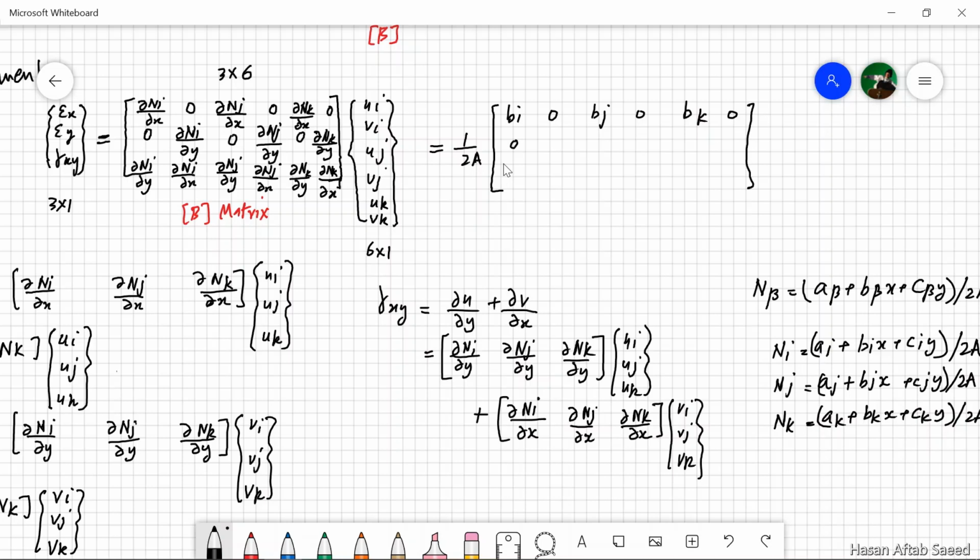Next line 0. Now this is with respect to y, so here we have ci, 0, cj, 0, ck. Now here we have partial derivatives of x and y, but in the reverse order. So here we have ci, bi, cj, bj, ck, bk, and here obviously we get the nodal displacements in the correct order.